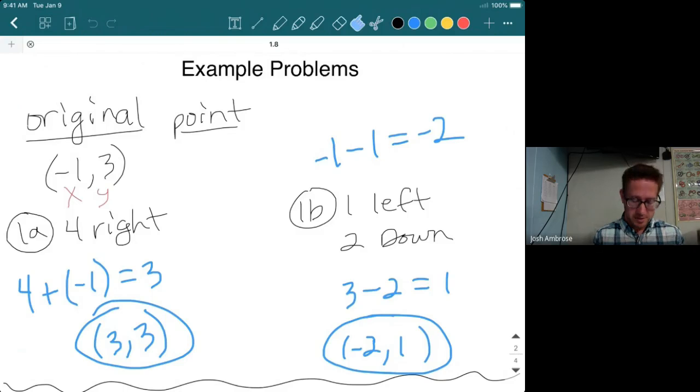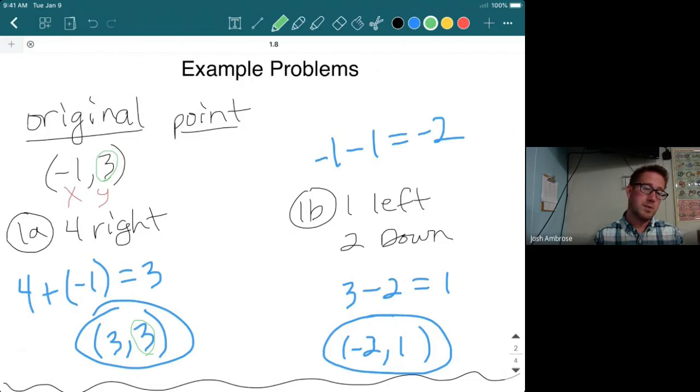Okay, so you can see that the original y value right here does not change because it's still the same down here in our answer, but the x value changes. So the original x is -1. We add 4 to it because 4 to the right means add, and you get 3. Brand new point, 3, 3.